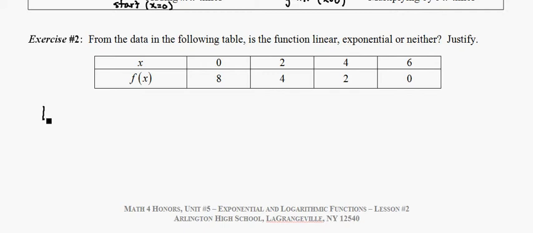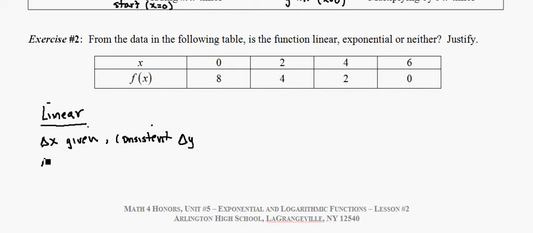Let's take a look at linear. For linear, what we know is that for a given delta x, we should have a consistent delta y. The change in y should be consistent. Well, the delta x is quite clearly 2 here.